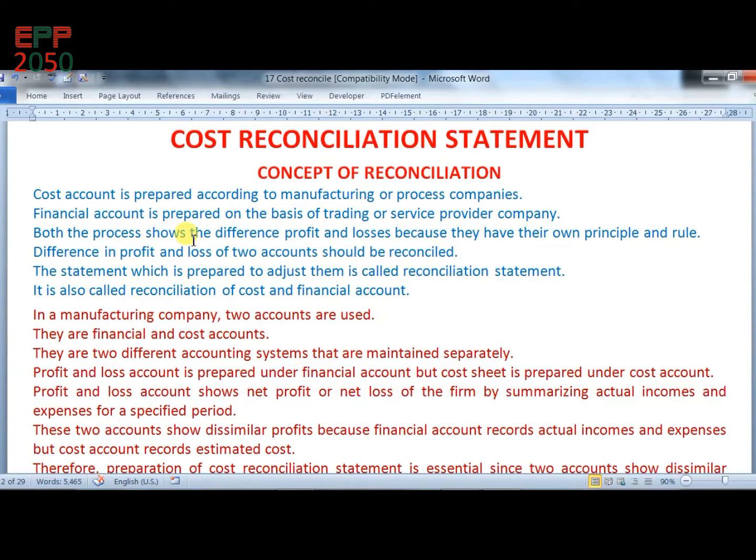Both the processes show a difference in profit and loss because they have their own principle and rule. Differences in profit and loss of two accounts should be reconciled. The statement which is prepared to adjust them is called reconciliation statement. It is also called reconciliation of cost and financial account.